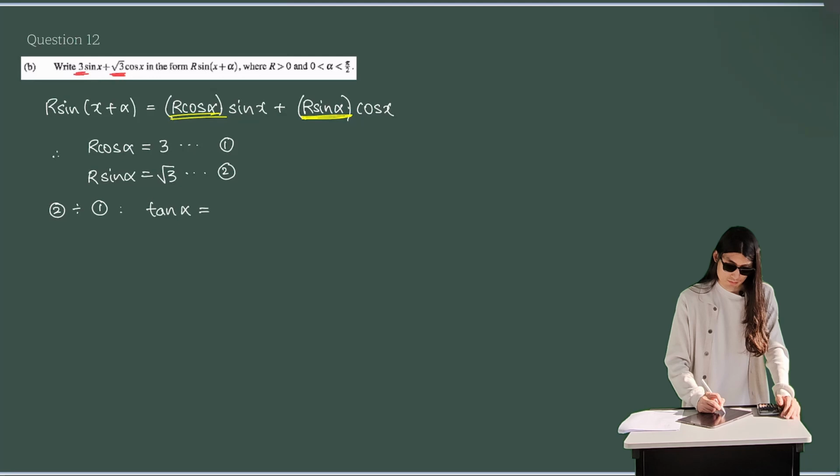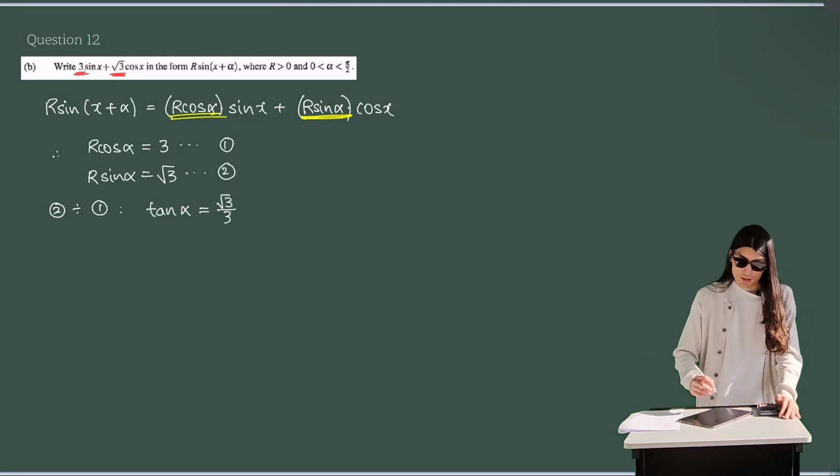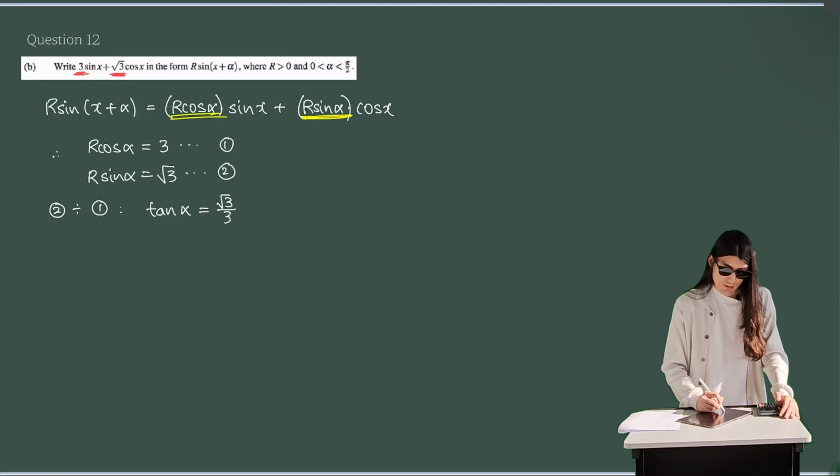Root 3 over 3 is what I get on the other side. And of course for acute angle alpha, you see in the question it was stated that alpha is between 0 and 90 degrees, 0 and pi on 2 I should say. For acute angle alpha, the solution is pi on 6, isn't it?